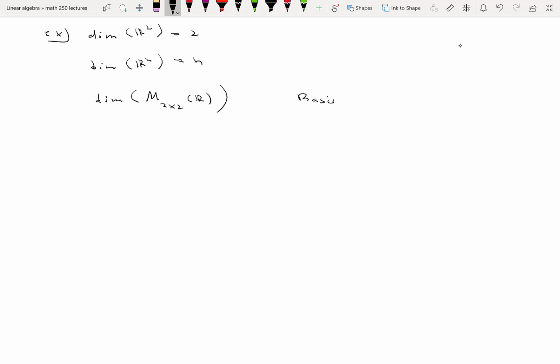The basis is the set that contains E11, E12, E21, and E22. Those four 2x2 matrices from the last section. There are 4 vectors in that basis. So the dimension of the set of all 2x2 matrices with real entries is 4.